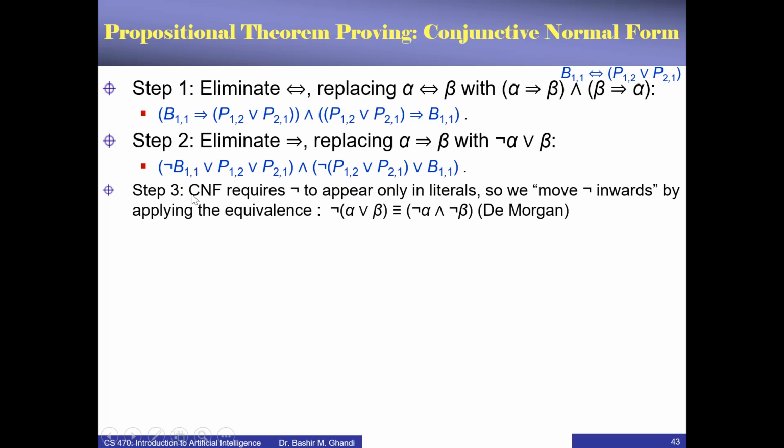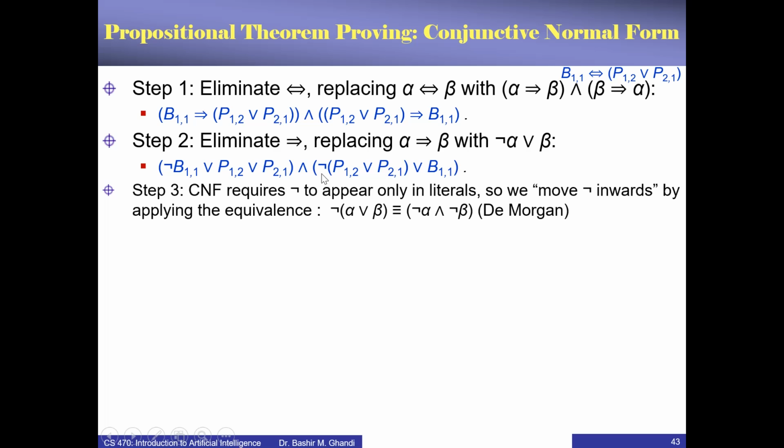The next step is that CNF requires not to appear only in front of literals. You cannot have not outside the bracket. It has to be on a literal. So we can move it inward using one of De Morgan's theorems, the one for the OR in this case.